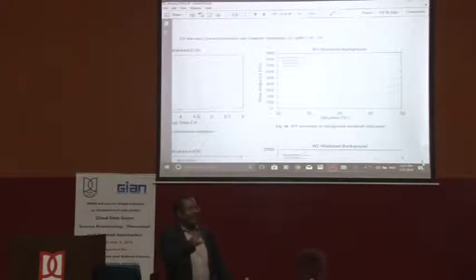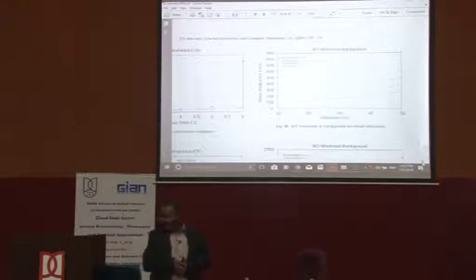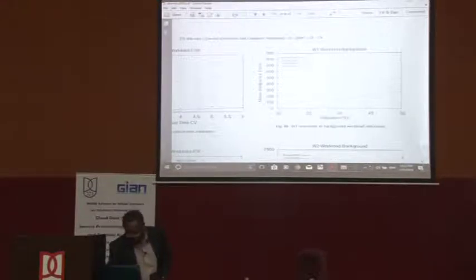What it does is share: if the background job runs 2 times, the foreground job will run 1 time. So we lowered the execution time of the foreground job. It still gets to the finish line, but slowly. So yes, I did some work like that. I don't know if it is here or somewhere; you can look at that.